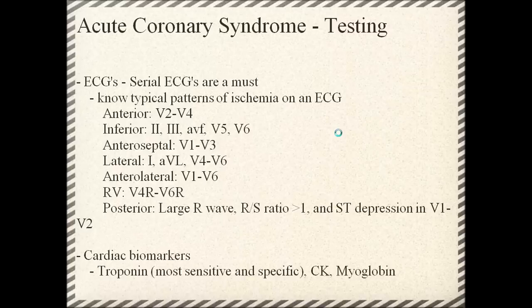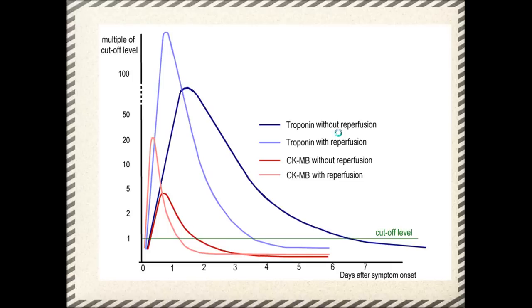And your cardiac biomarkers are your troponin, which is the most sensitive and specific, your CK, and your myoglobin. This is a graph that shows when your troponins peak, and when your other markers peak.